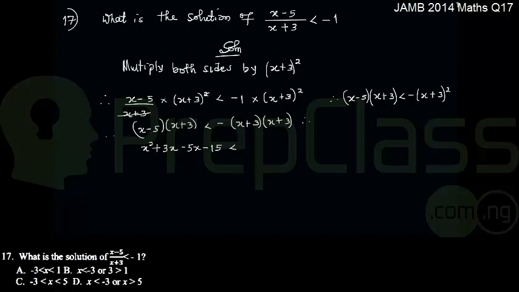Less than minus, open bracket, x squared, plus 3x, plus 3x, plus 9. So I will have x squared plus 3x minus 5x, which gives minus 2x.